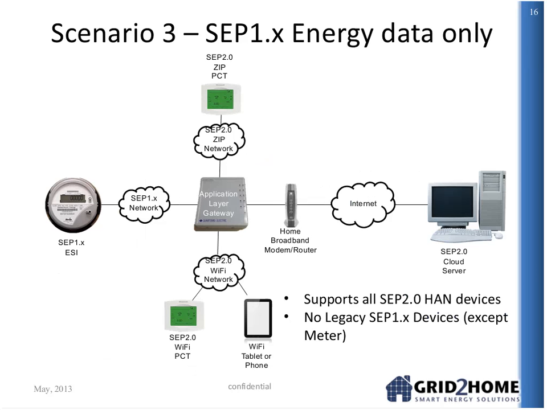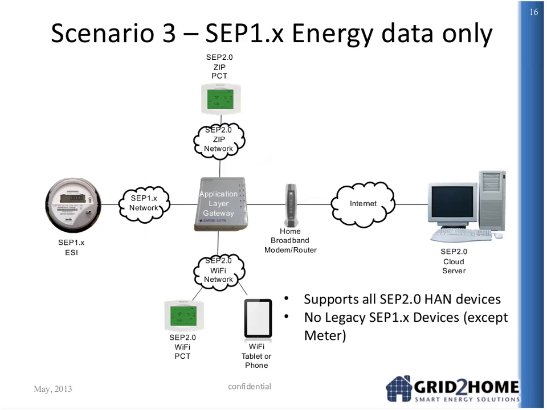Here's a sort of hybrid scenario, one that overcomes the problems with overlapping what we call events. So instead of the SEP1 meter on the left-hand side now providing all the function sets, maybe you only go to that left-hand side to get the energy out of the meter. The right-hand side provides all of the SEP2 data.